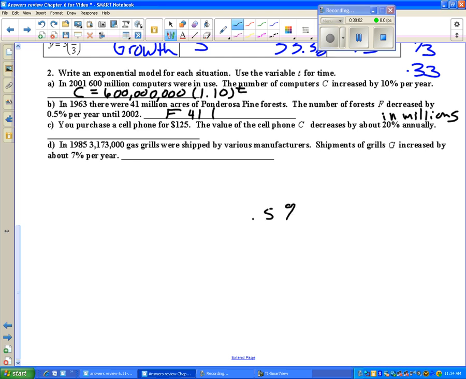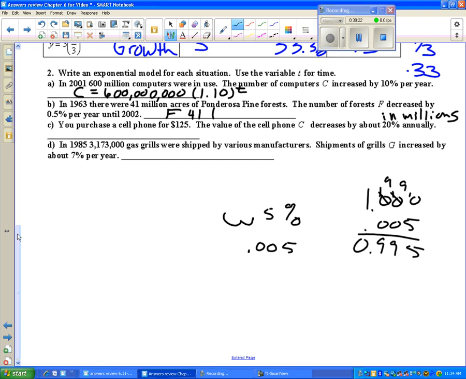So 0.5% is 0.005. But this is decreasing, so this is 1 minus 0.005. So this is 0.995 to the t power, because that's the number of years. The 1963 is my starting point, 2002 is my ending point, but neither of those actually show up in my equation. I forgot the equal sign.